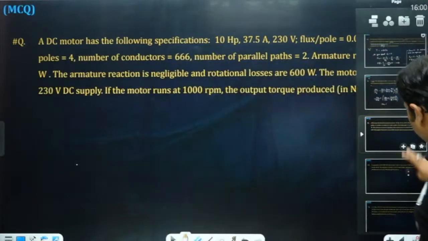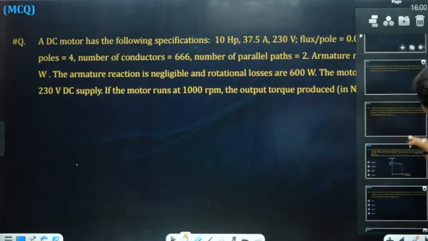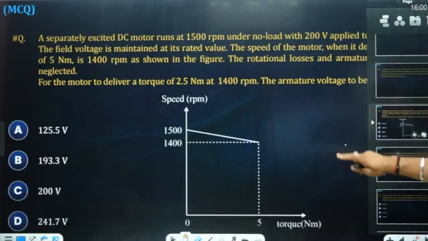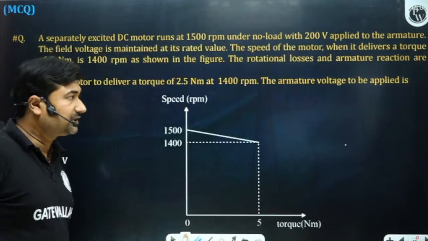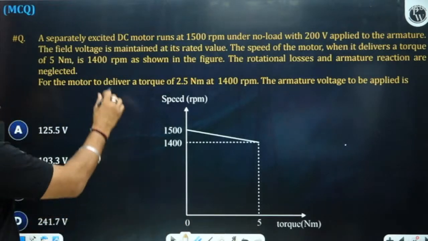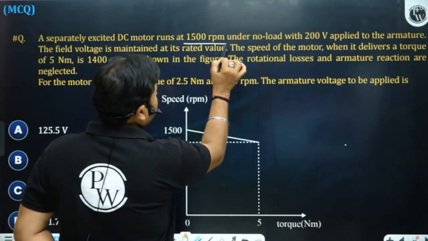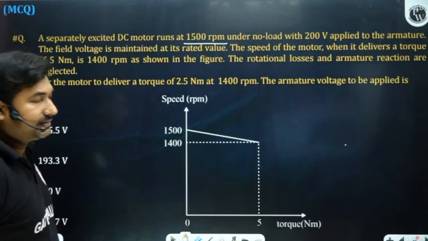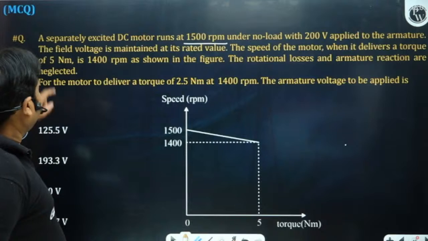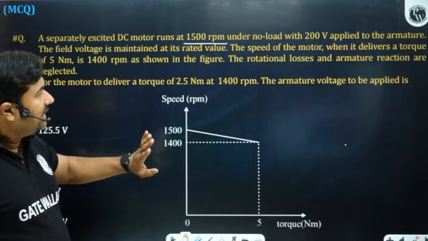Now let's talk about a question based on the braking of induction machine and from the characteristic also. See, a separately excited DC motor runs at 1500 RPM under no load with 200 volt applied to the armature. The field voltage is maintained at its rated value.